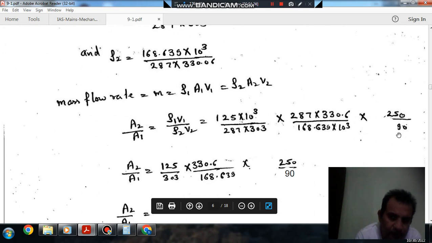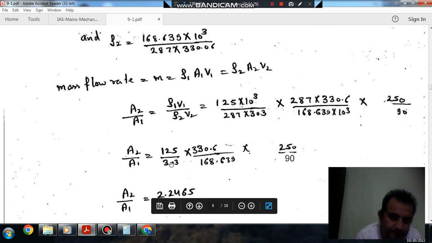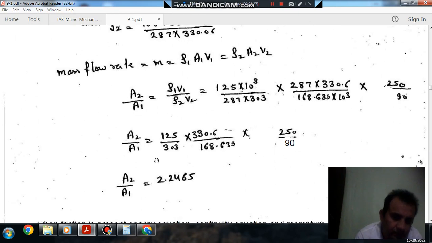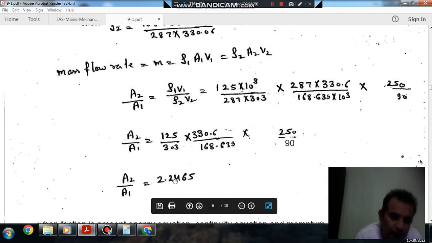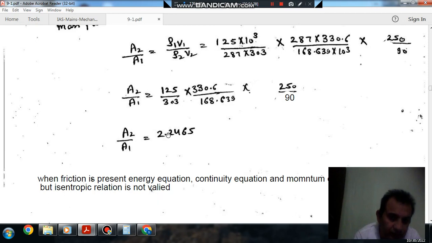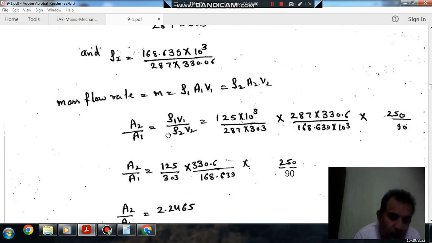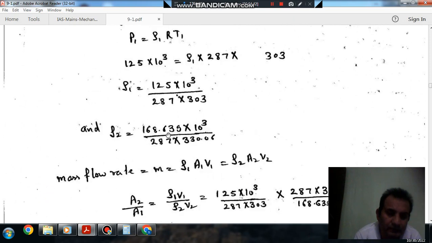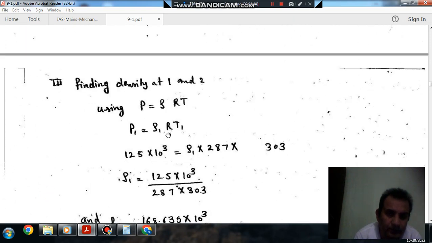V1 is 250 and V2 is 90. So the area ratio comes out as 2.2465. This is the area ratio when we are considering the ideal process, isentropic process, as well as no heat addition between inlet and outlet.